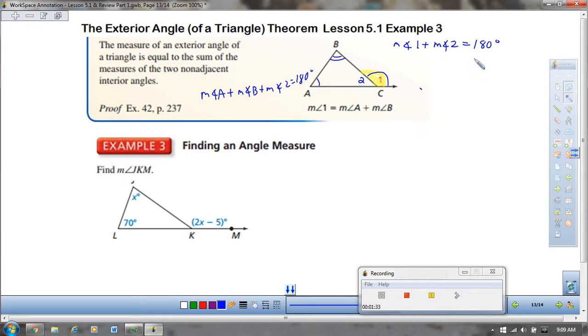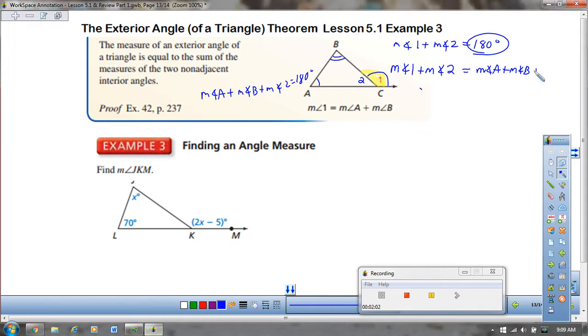So if I take my first statement here and I use the 180 and substitute into its place the other equation, we would have the measure of angle 1 plus the measure of angle 2 equals the measure of angle A plus the measure of angle B plus the measure of angle 2.